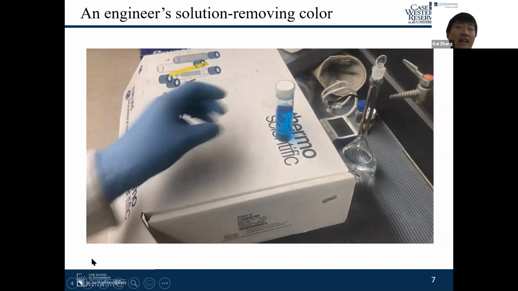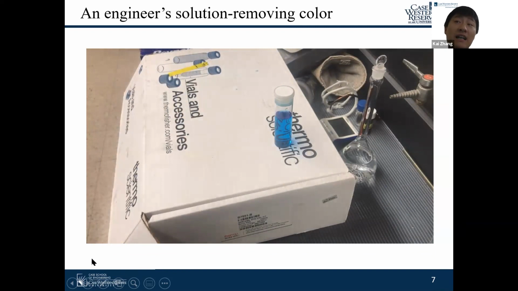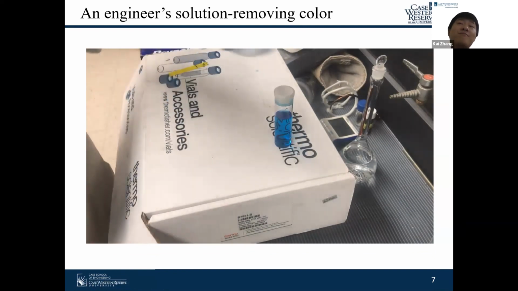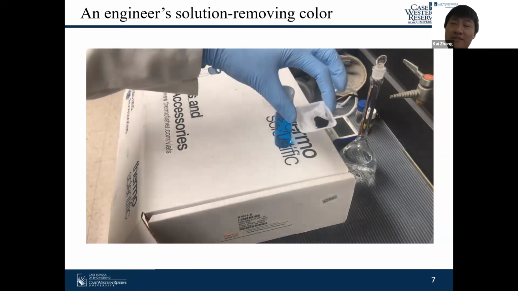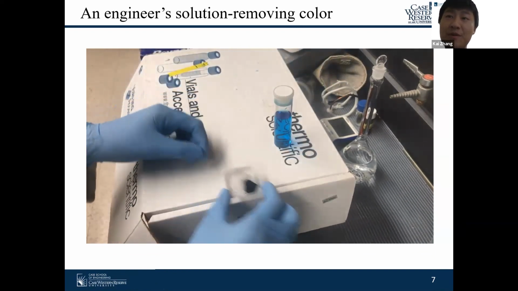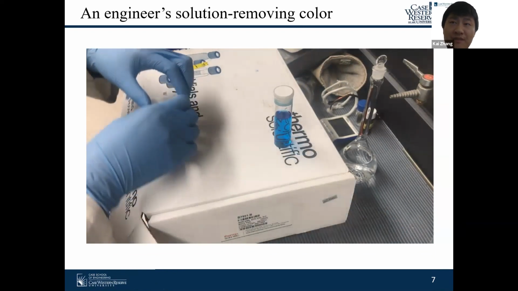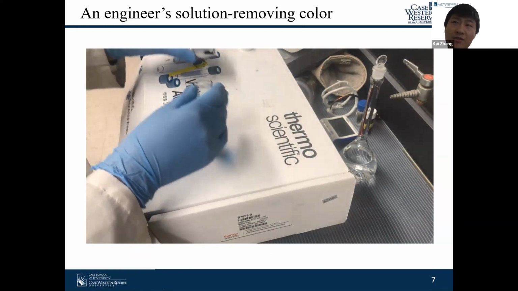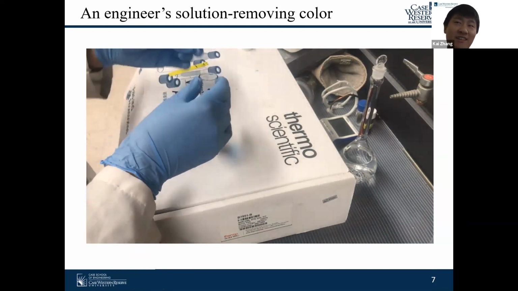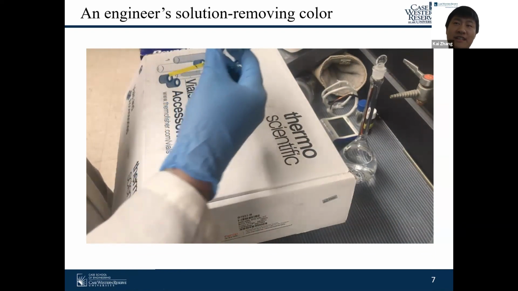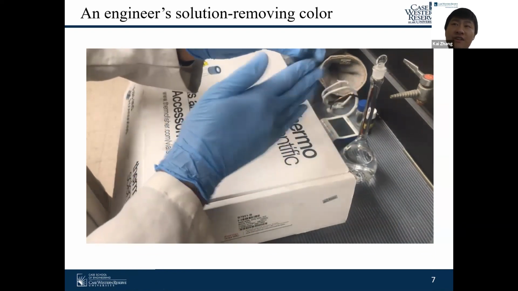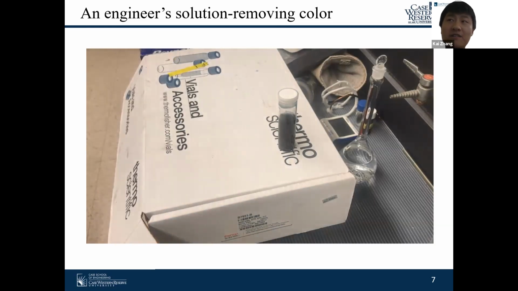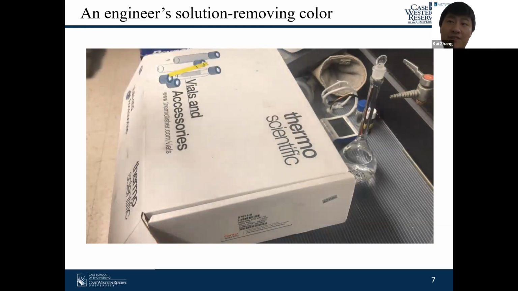And here we have the simulated colored water, and we have some materials to treat this water. The only thing we need to do is add the solids into the water, shake, and wait for a few minutes.